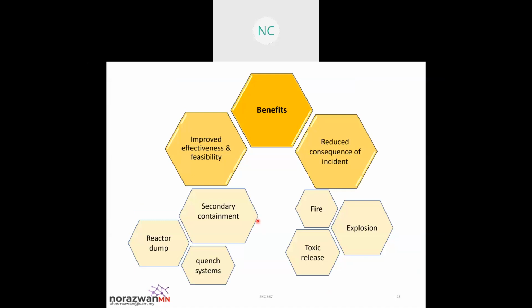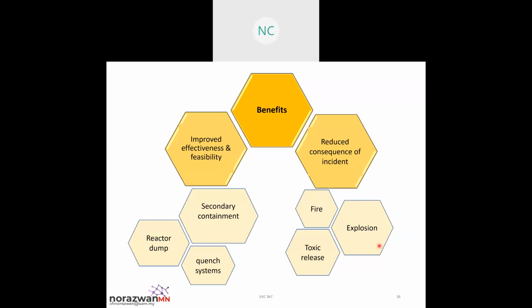So there are benefits when you apply the minimization. The first one is to reduce the consequence of incident, and the second one is to improve the effectiveness and feasibility of the process. When you reduce the consequence of incident, you actually talk about incidents of fire, toxic release, explosion, and so on.